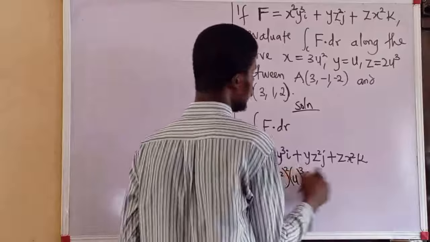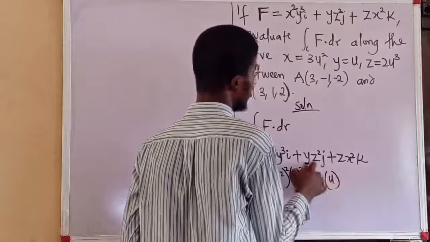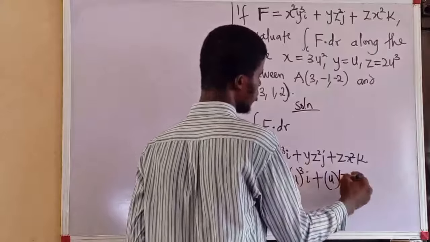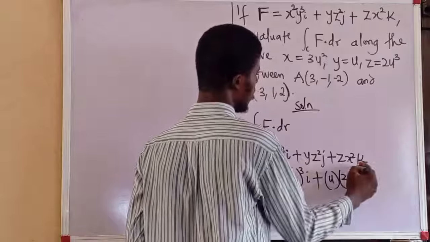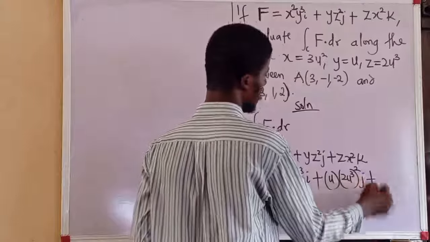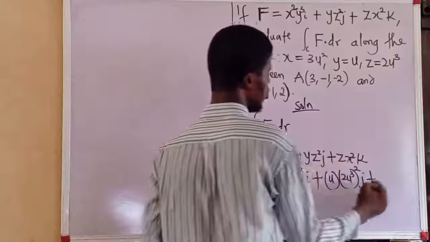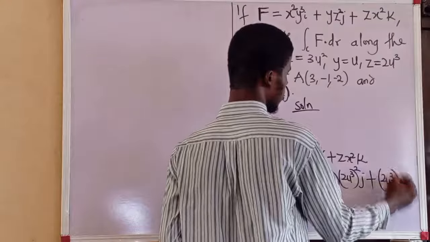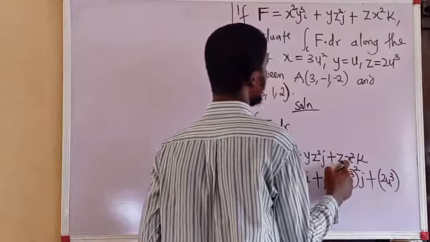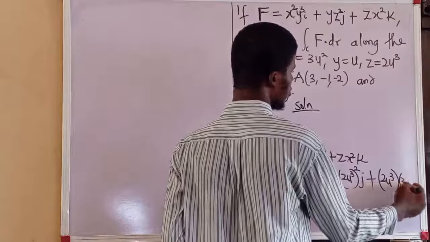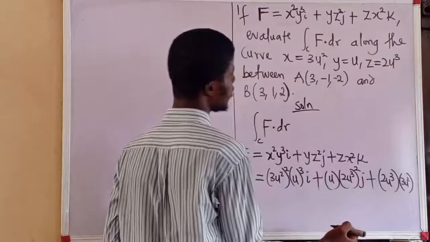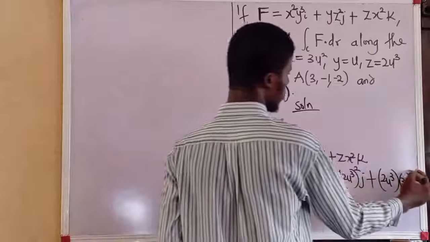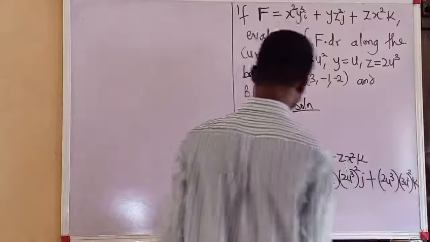Y is what? U. Z is what? 2u cubed. I'll square it times j. What is z? 2u cubed. What is x? 3u squared. I'll square it because of the square times k.